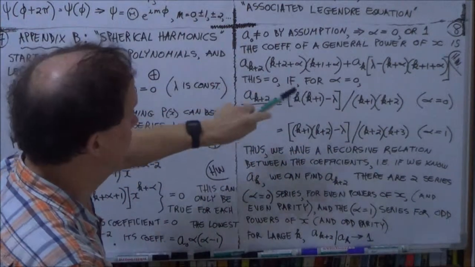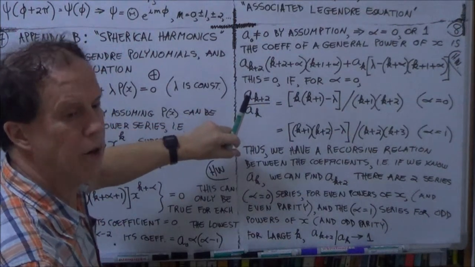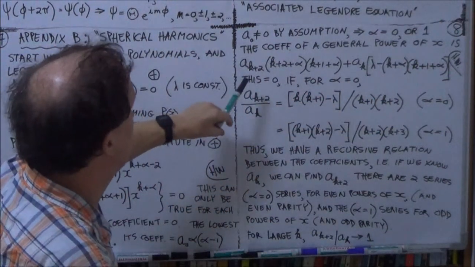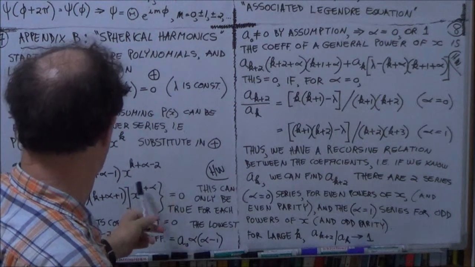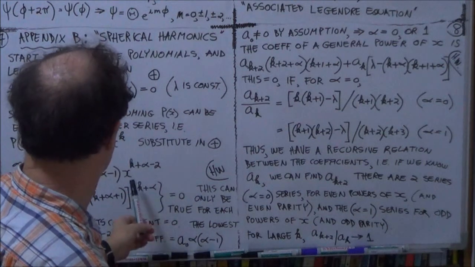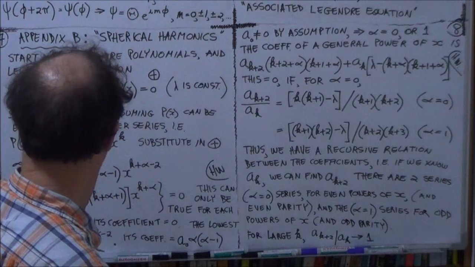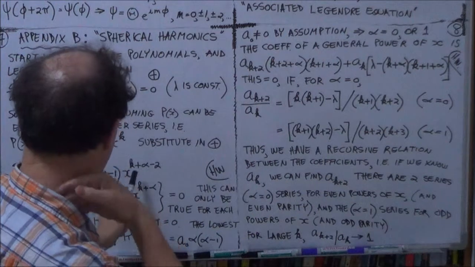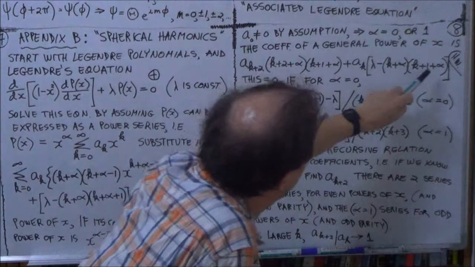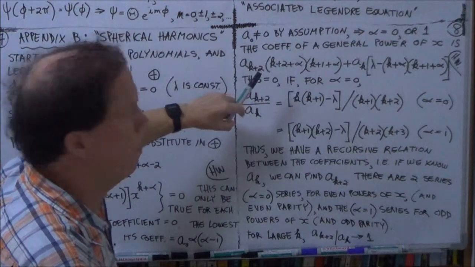So in general, the coefficient of the general power of x will be of this form. What's the power of x for which this would be true? Is it k, or k plus 2? Well, whatever. Derive this coefficient. That's your coefficient of a general power of x.